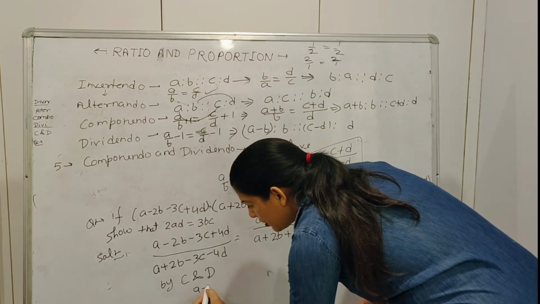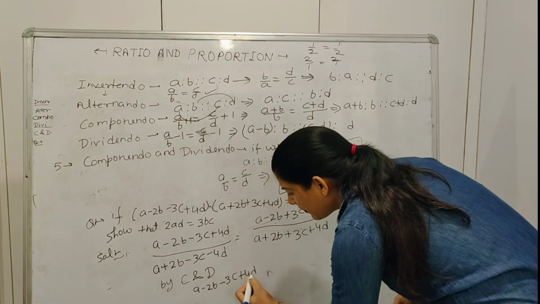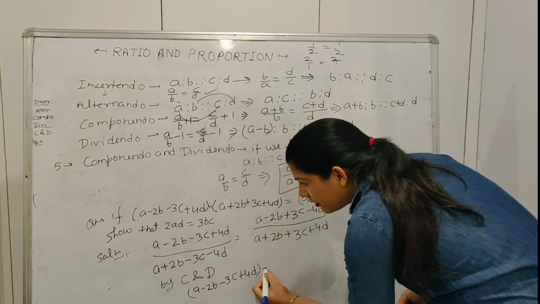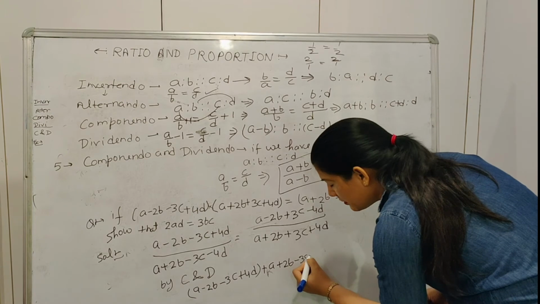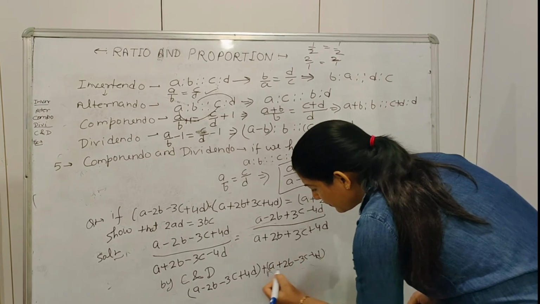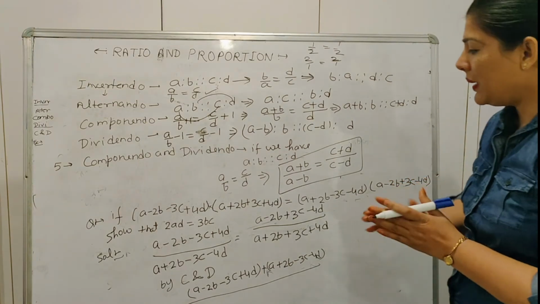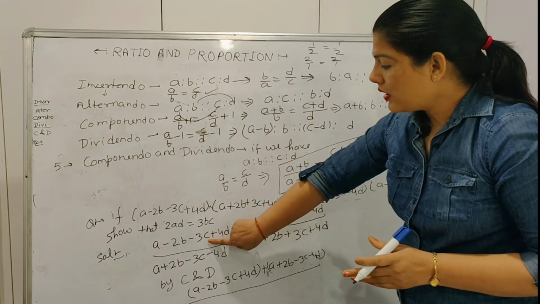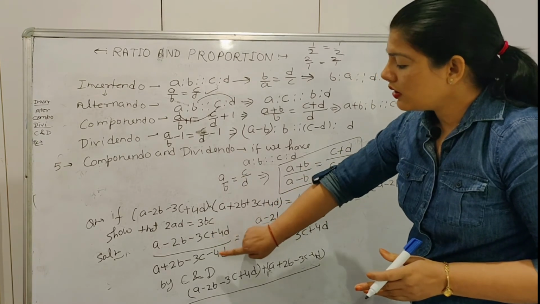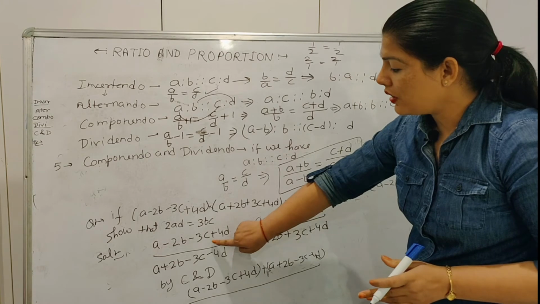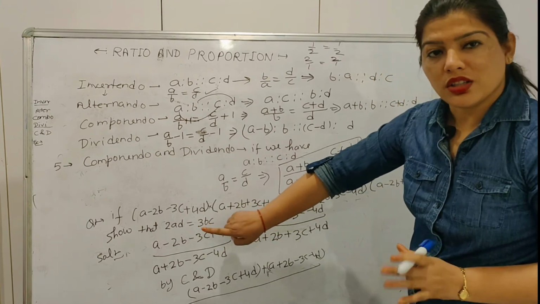So in this question, it will be numerator plus denominator minus 3c minus 4d divided by, and please be careful, if you add the numerator and denominator, then be careful, subtract the denominator from the numerator.